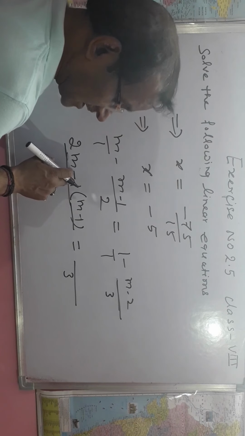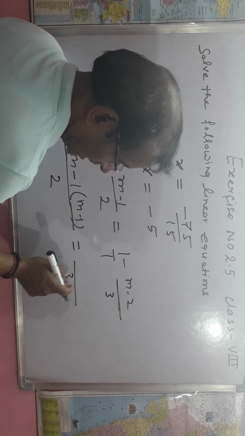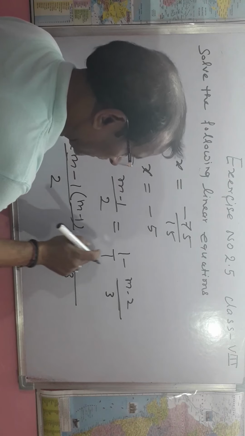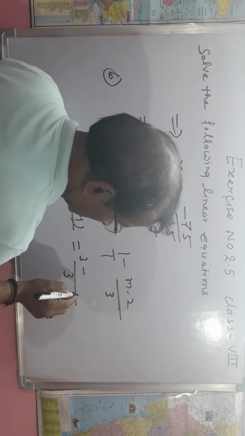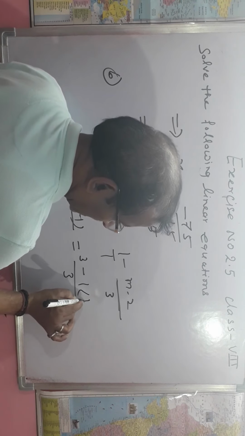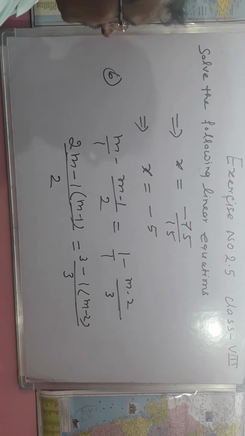Because here is a minus sign, therefore we should apply the bracket. 3 divided by 1 we get 3, 3 multiplied by 1, minus. Here also a minus sign, then 3 divided by 3 we get 1, multiplied by m minus 2, we apply the bracket also here.